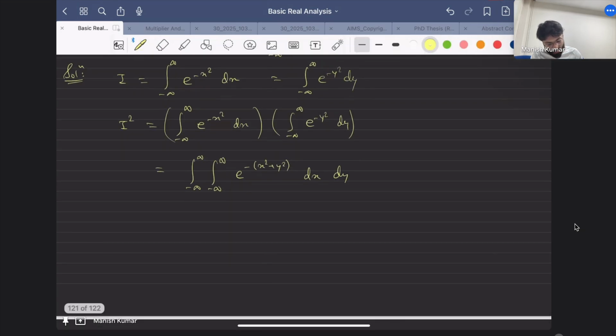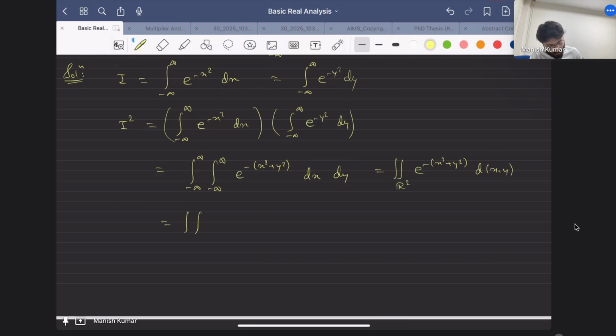So this is the whole R2, right? So let's write it as the integral over R2 of e to the minus x square plus y square dxdy. Now we are integrating over the whole R2, and we know that in polar coordinates we can transform this in the following way.